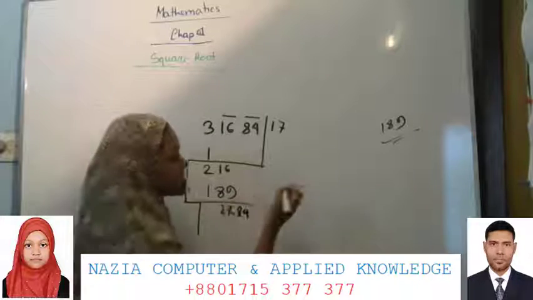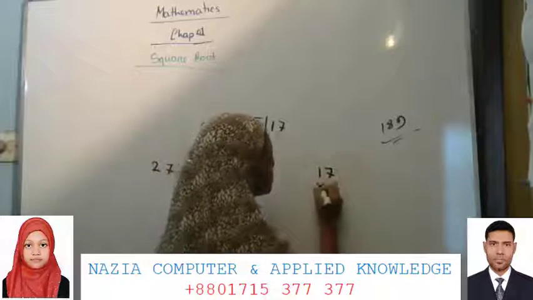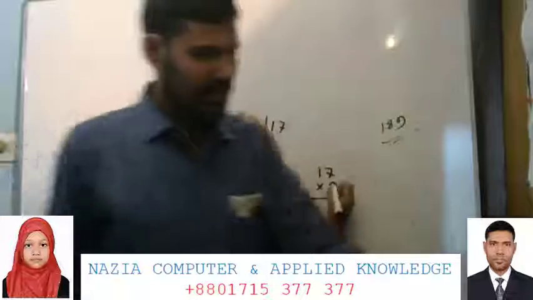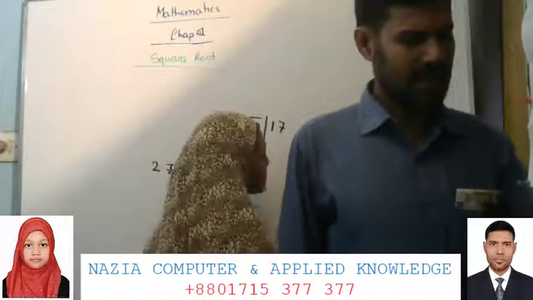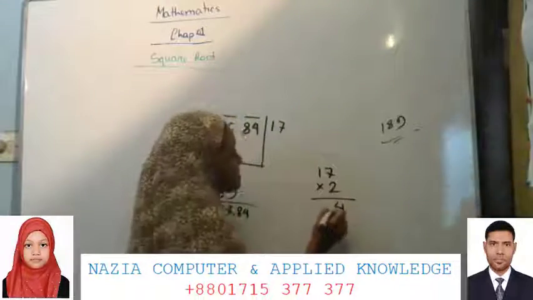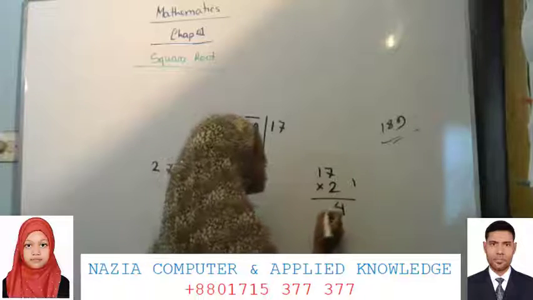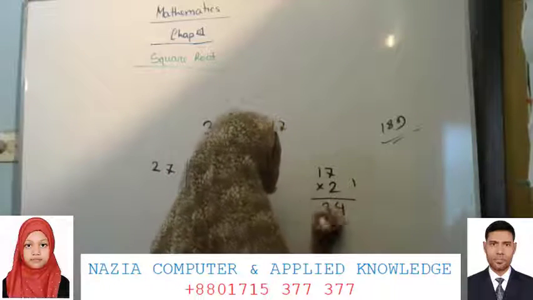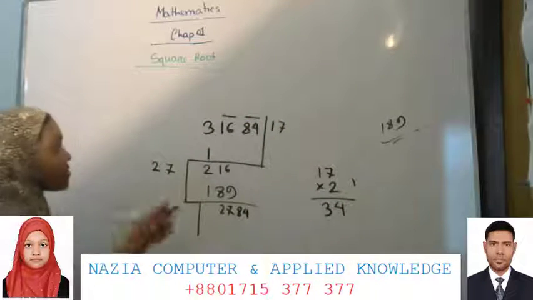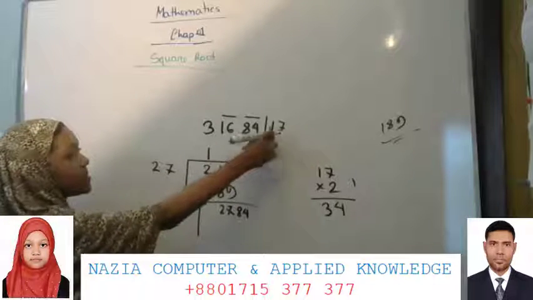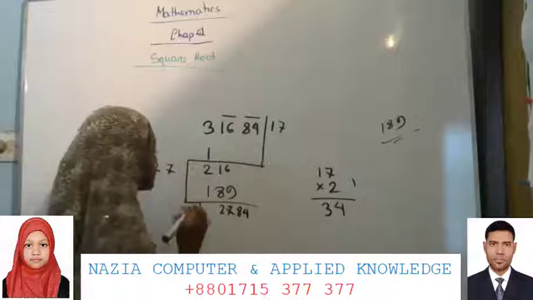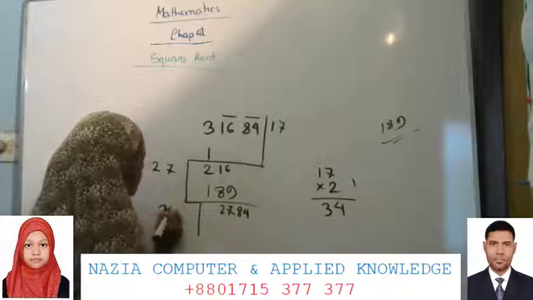That means 17 into 2. That means 34. So, as the double of 17 is 34, we will write 34.